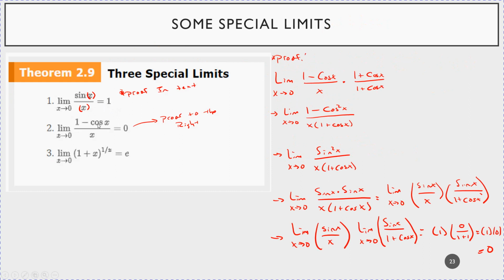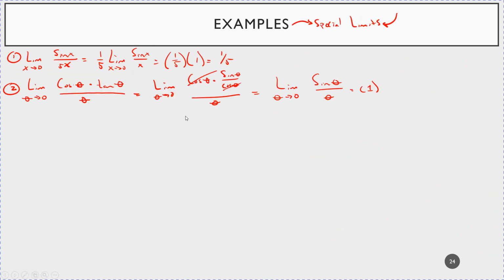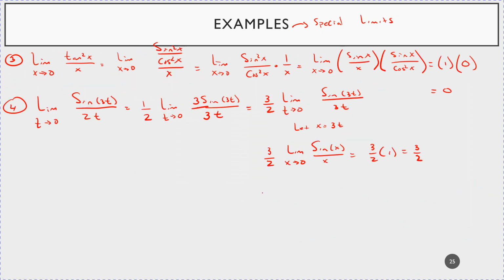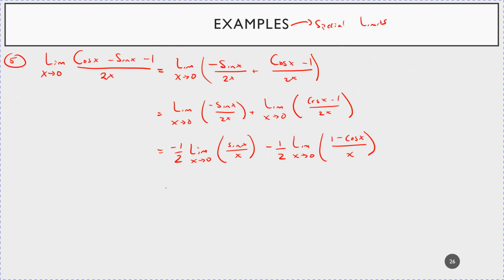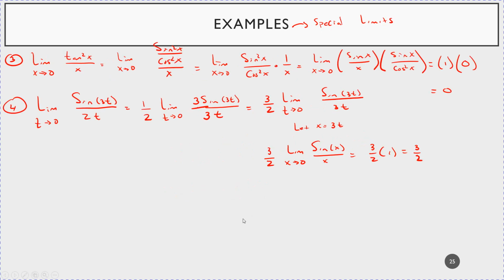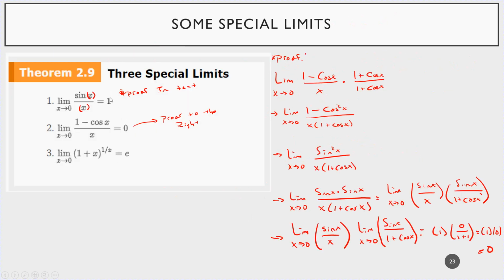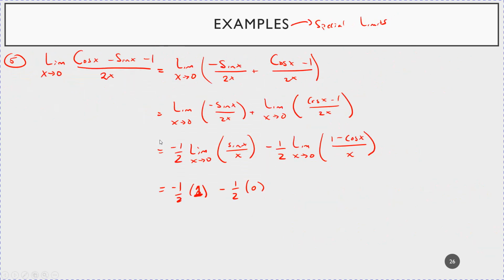That's just 1. 1 minus cosine of x over x is 0. So this becomes minus 1/2 times 1, sorry. Minus 1/2 times 0. Going back, sorry, I had a little confusion there. So this just becomes minus 1/2 minus 0, which is minus 1/2.